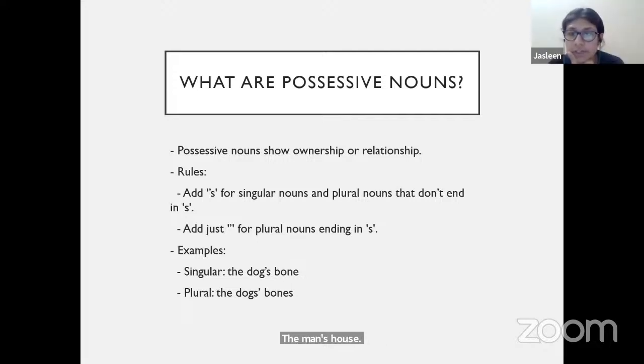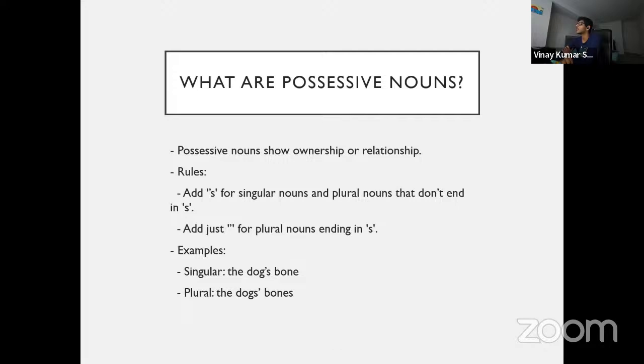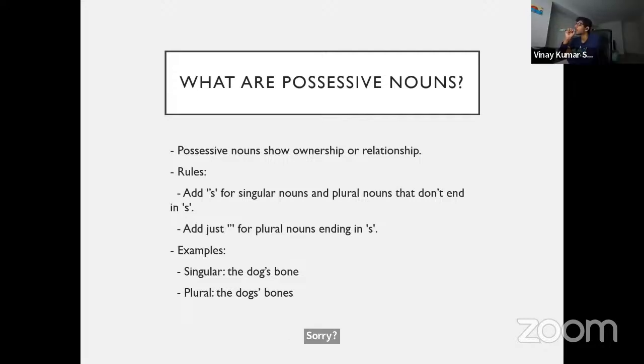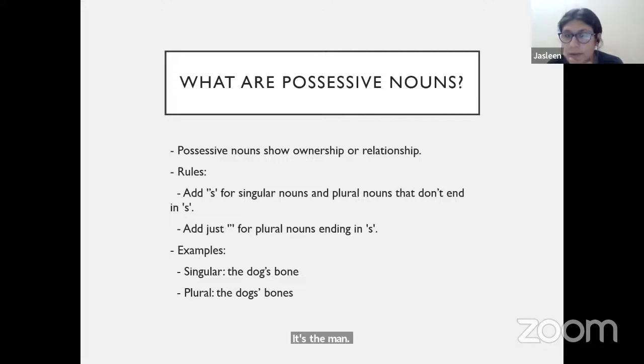Okay, and relationship. The relationship could be: this pen is mine. This is again ownership.